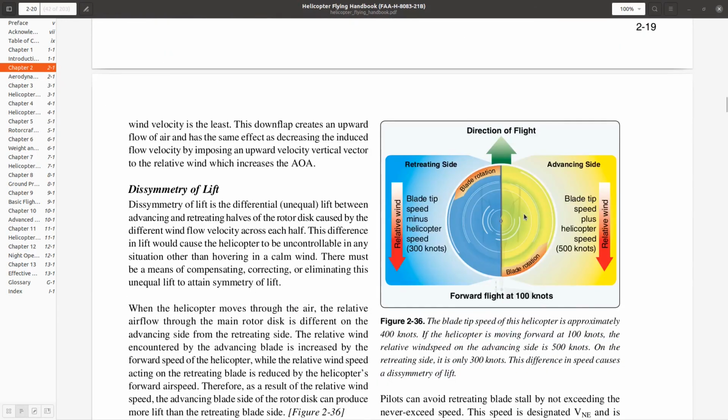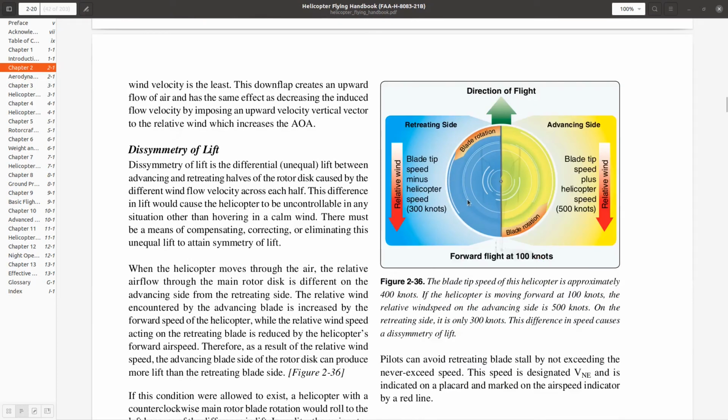So what's going to happen? The left side produces less lift. So if I have a blade and the tips are moving at 400 knots and I'm going 100 knots forward, this has 500 knots of wind at the tip at this 90 degree point. And here I have 300 knots of wind because I have 400 minus 100, not plus 100. And remember again that the lift produced is proportional to the speed squared.